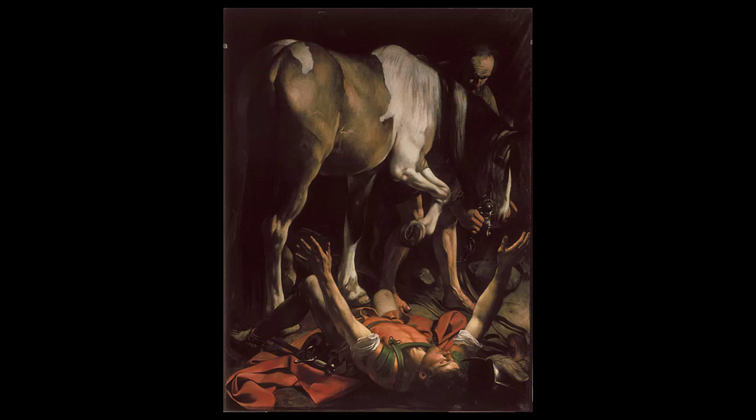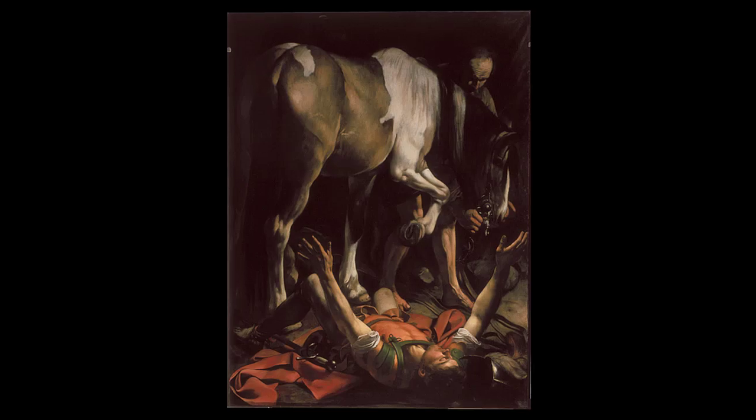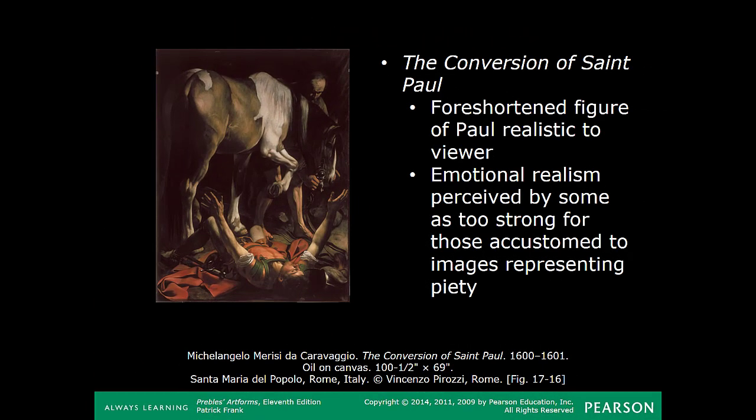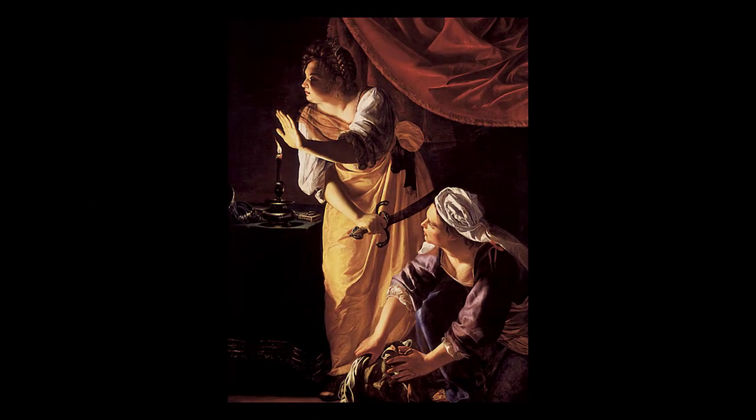So a lot of interesting angles, a lot of foreshortening, a lot of strong contrast. That's what the Baroque period was all about. And so this is, again, by Caravaggio, made around the 1600s. So the Baroque period, you'll see a lot of pretty dark compositions, but balanced by very strong highlights.